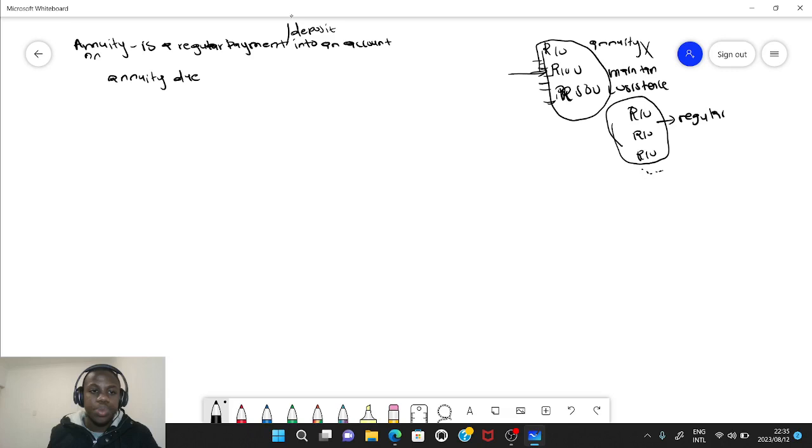Annuity due is, I would say, a normal situation. Whenever you take a loan or whenever you deposit money, you deposit immediately.